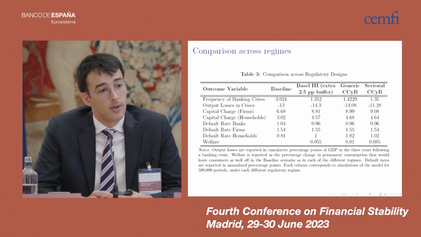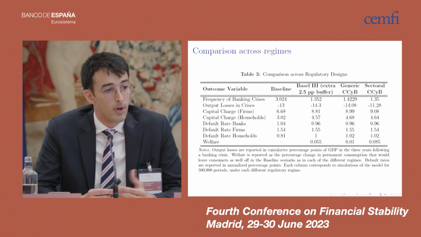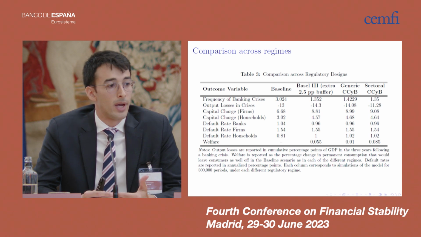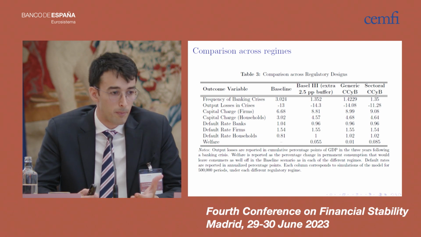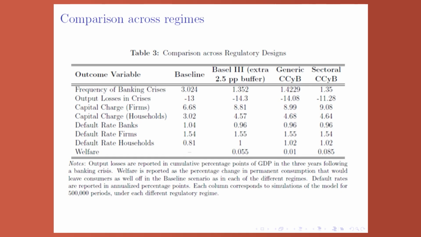In terms of how the buffers do at preventing banking crisis, well, let me say that the capital conservation buffer of Basel III does a good job. So in the baseline calibration, this banking crisis happened 3% of the time annually.